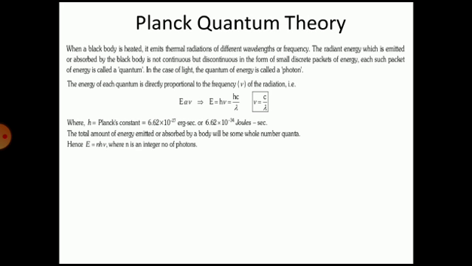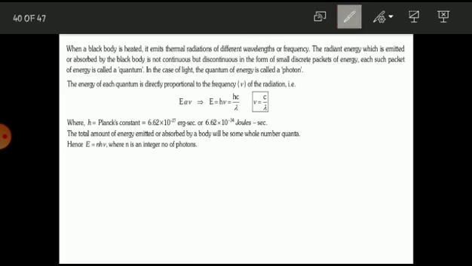The energy of each quantum is directly proportional to the frequency of the radiation, that is E is directly proportional to the frequency, or E is equal to h nu, where nu is equal to c upon lambda, where h is Planck's constant whose value is 6.62 into 10 raised to minus 34 joule second.